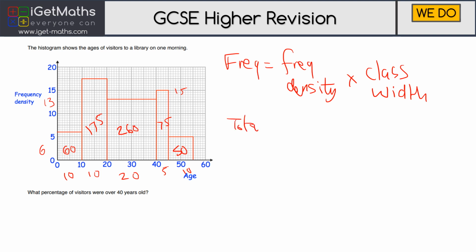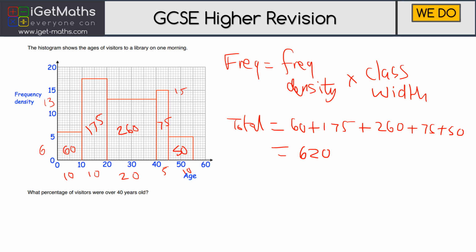Even though it's a calculator paper, still show what you're doing on your calculator. 60 plus 175 plus 260 plus 75 plus 50 gives me a total of 620.